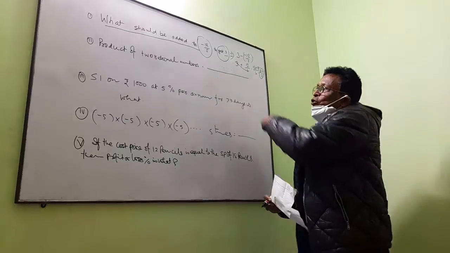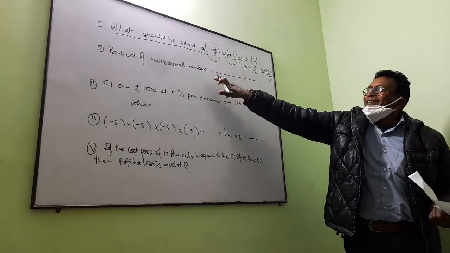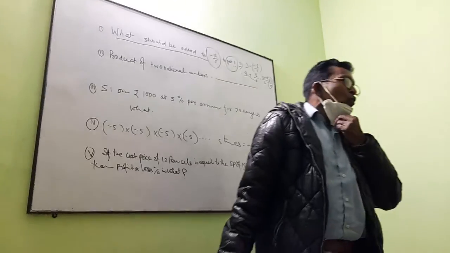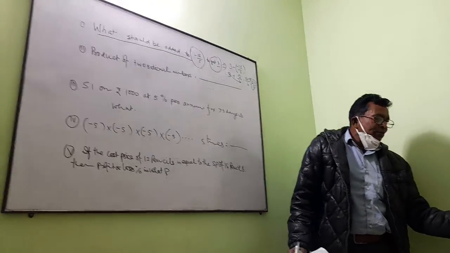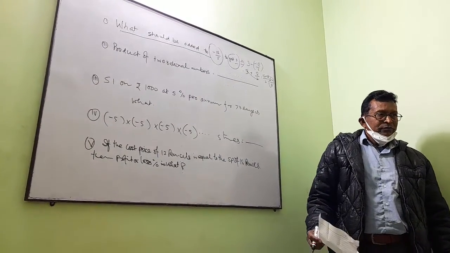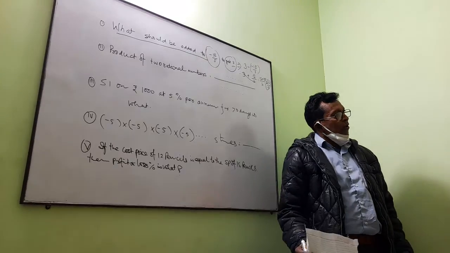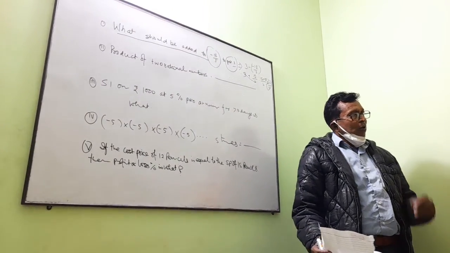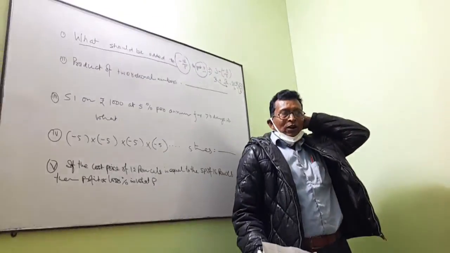ठीक है. Next question is product of two rational numbers. Will you define a rational number? What is a rational number, Aditya? How is a rational number represented? Sir, a rational number is represented by a negative rational number and a positive rational number. That's not my question.